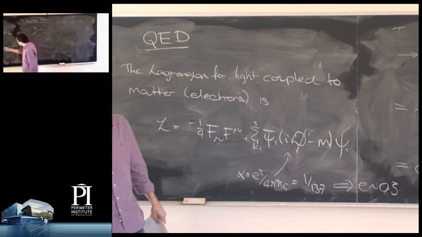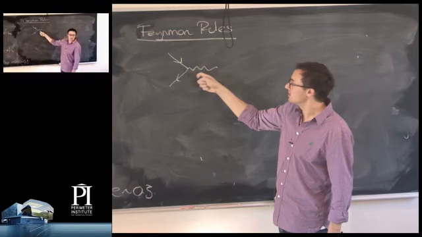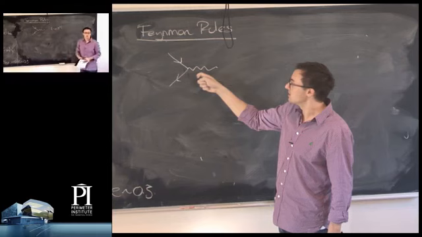The vertex is hidden in this notation, but it comes from the interaction term with a single gauge field coupling to two fermions. So here's a gauge field, which we usually write as a wiggly line, and here are two fermions. The Feynman rule tells you that everywhere you see this in a diagram, you include the following factor. Why is that? Because that's the thing multiplying the interaction vertex, with a gamma mu.